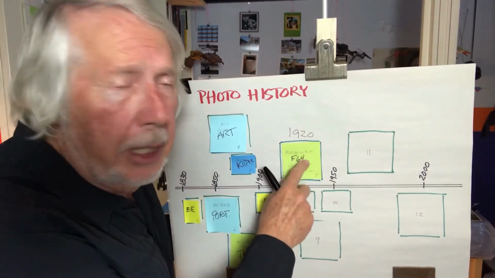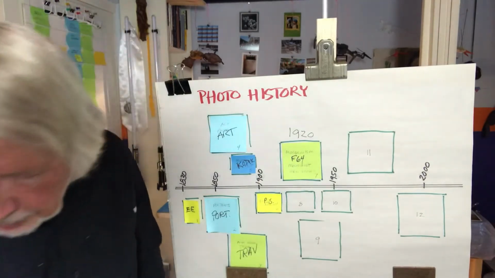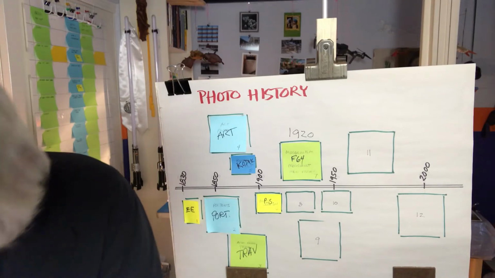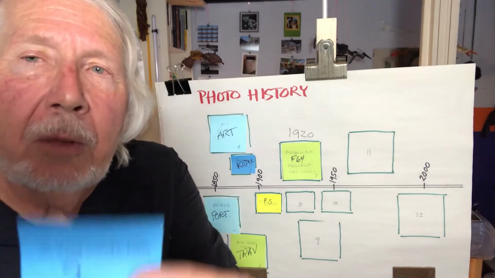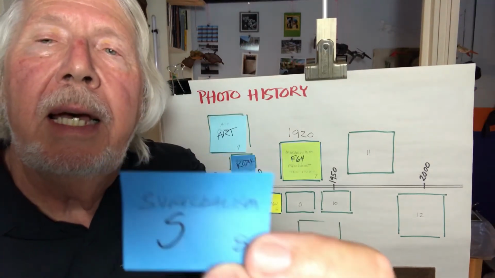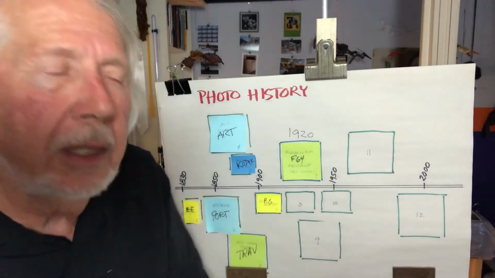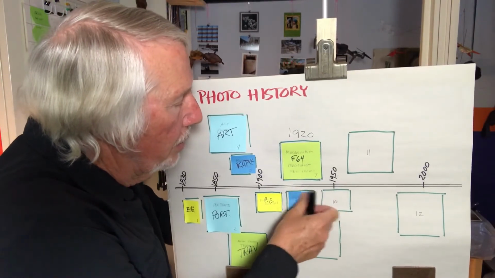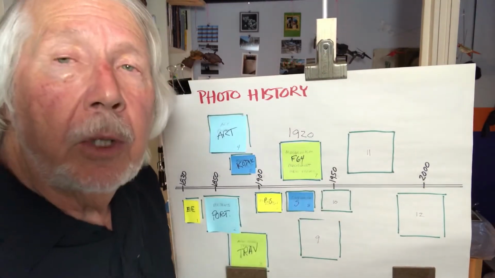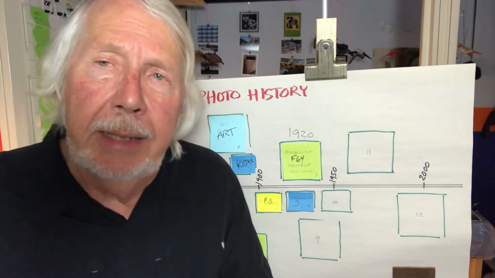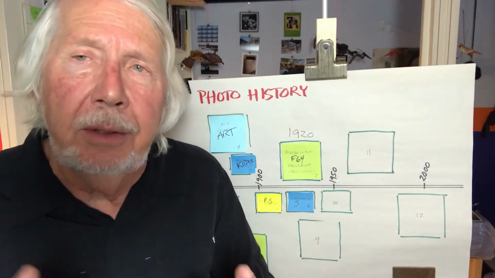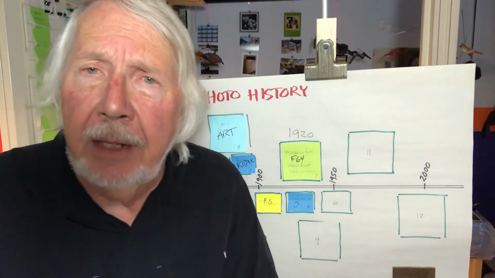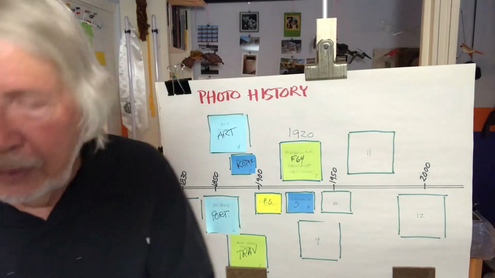Ansel Adams and Edward Weston are in this group. This is such a long word for such a short thing. S standing for surrealism. That hits between the wars, between World War I and World War II. We had these kind of like nightmare visions, kind of like bad dream sorts of things. And some of the photographers got involved in that as well.